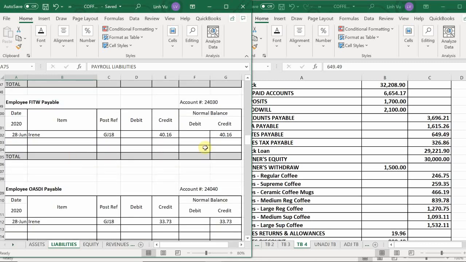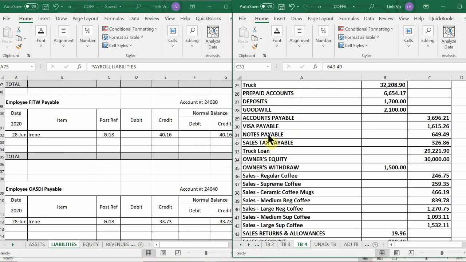I have to insert all those rows. Now the rule here is that you're going to select right here. So I have sales tax payable, right? I have that under line 32.